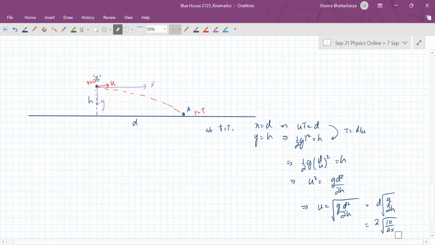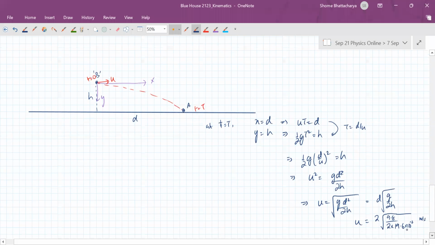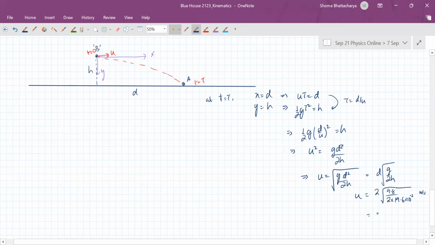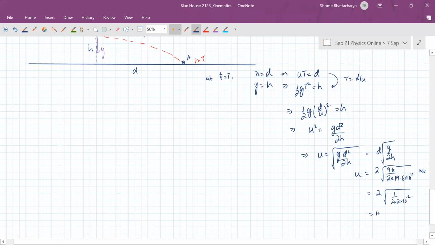Instead of 10, take g's value as 9.8. So this will become your projection velocity in meters per second. Yes, sir. So how much will it be? I think it will be 10 meters per second, right?